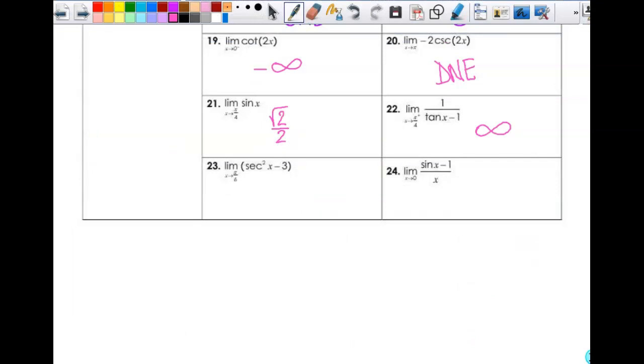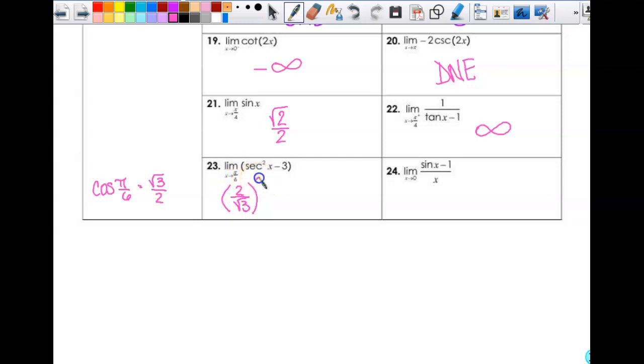I would like to think in terms of the reciprocal. The reciprocal of secant is cosine. So the cosine of pi sixths, right? Think about what the cosine of pi sixths is. That's going to be square root of 3 over 2. So the secant of pi sixths is the reciprocal of that, which is 2 over the square root of 3.